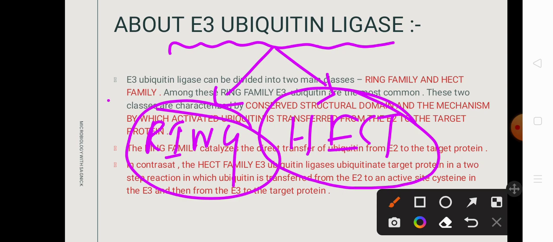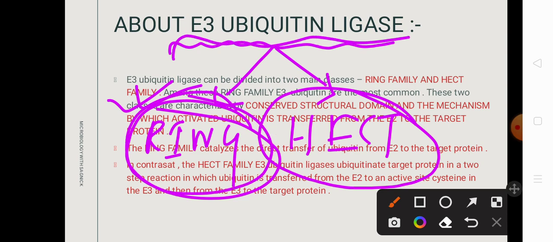So first, this RING E3 ubiquitin ligase will transfer the ubiquitin from the E2.